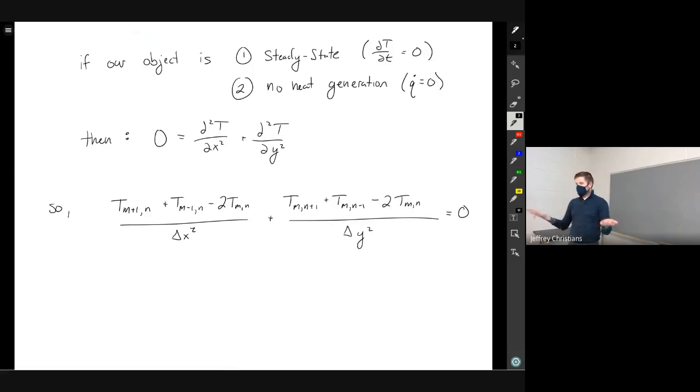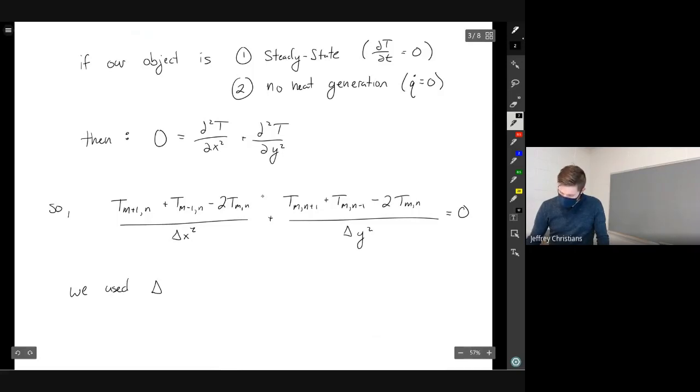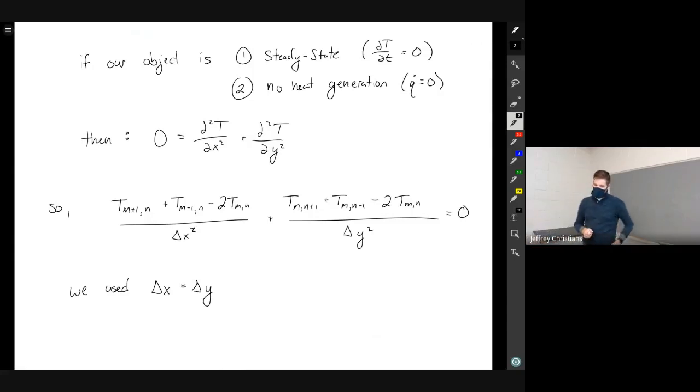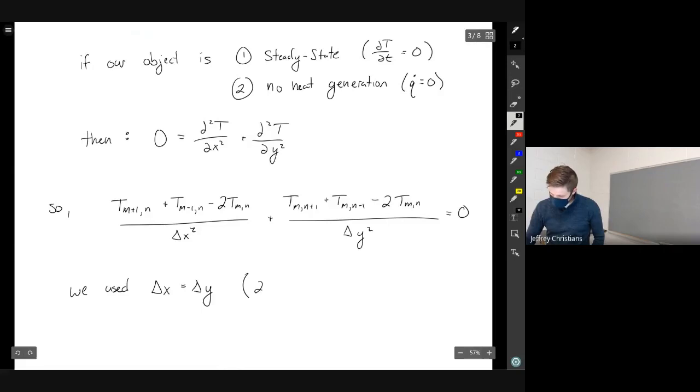So all of this is a common denominator. We just happen to use delta x equals delta y, and that makes our lives a lot easier. So this is 2 centimeters in this case.